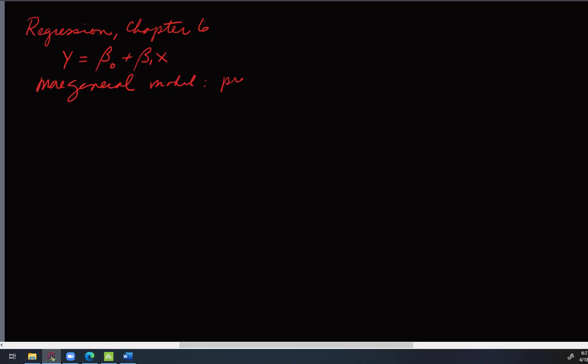Something like this: predict y with features from your data set, and let's just call them x1, x2, and xk, where the model is going to look like y is equal to an intercept plus sigma i equal 1 to k, because we're using k features here.